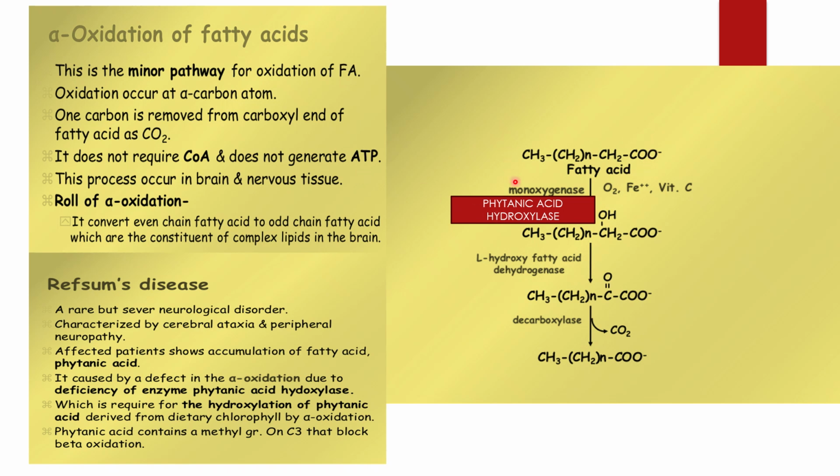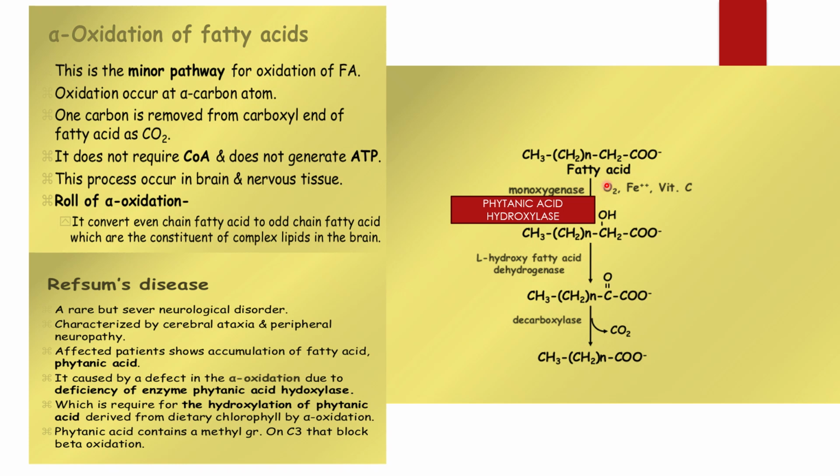This is phytanic acid. This is a kind of fatty acid whose beta position is blocked, because at the beta position the carbon is loaded with another methyl group. So the beta position is blocked, so there is no beta oxidation. Rather, it prefers to undergo alpha oxidation. So what will happen?